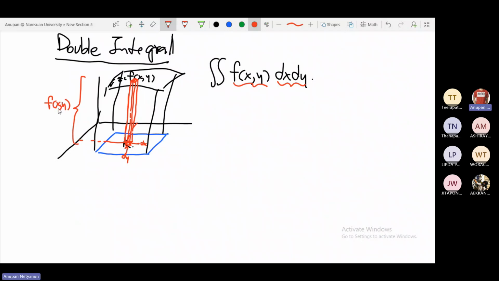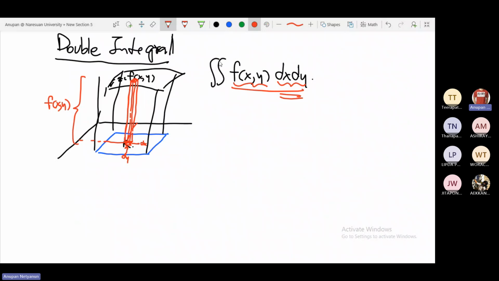And what did we do? This is this pole, and this is the base, which is a small rectangle, and this is the height.